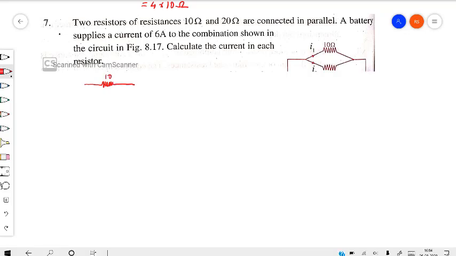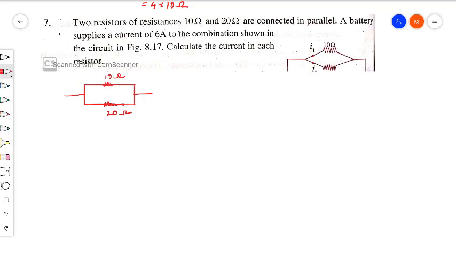So this is 10 ohms, and the battery supplies a current of 6 ampere.